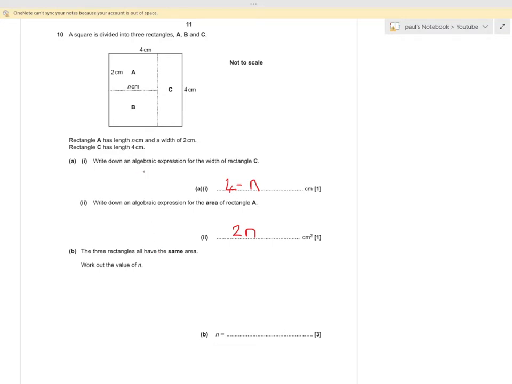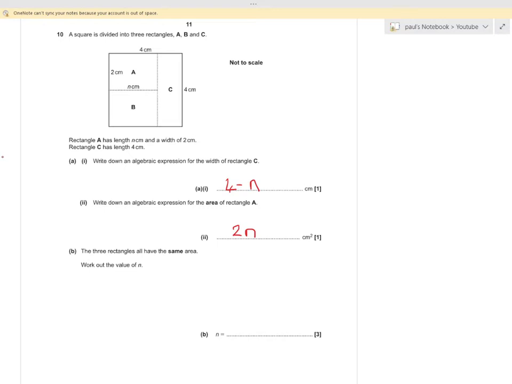I don't know, it's a third then, isn't it? 4 fours is 16, a third of 16.